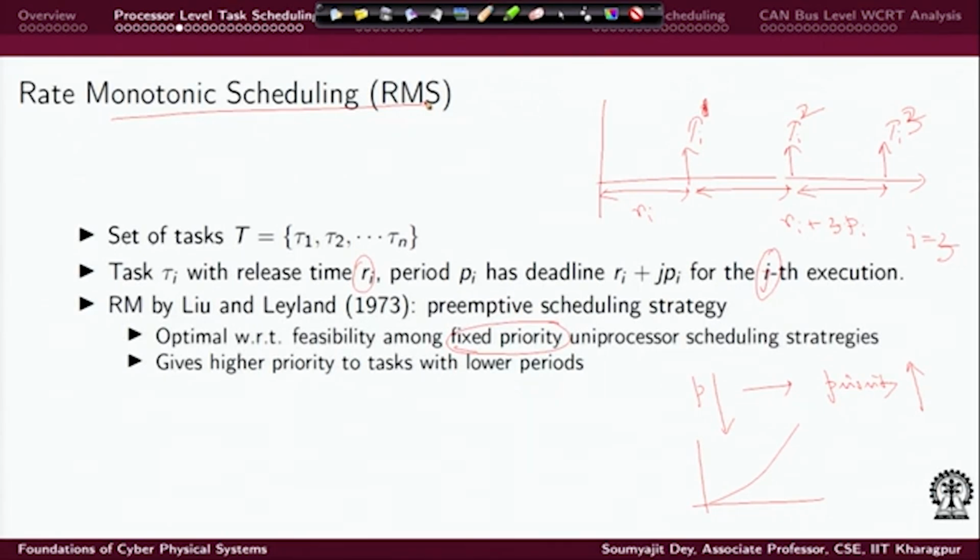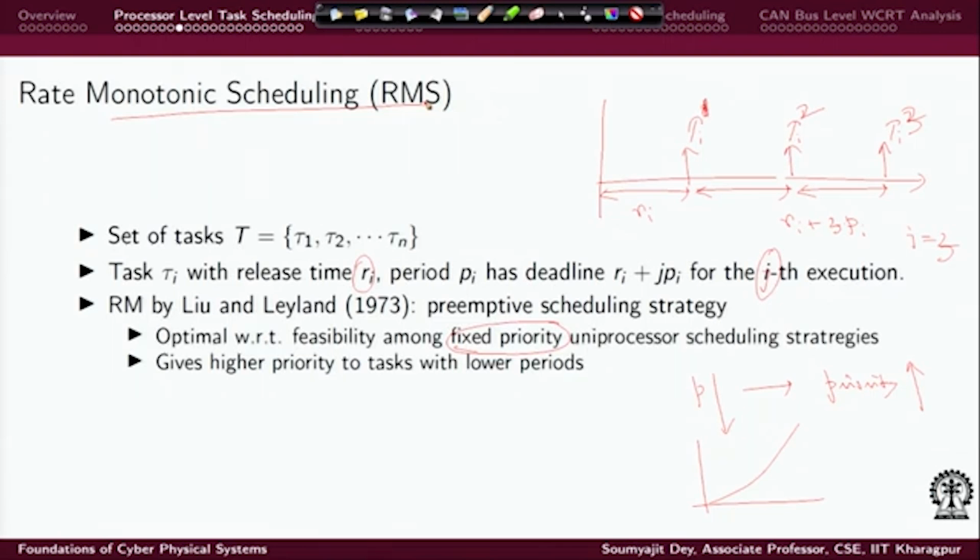Smaller the period, the higher the priority. So, the higher the rate, the higher the priority. If you have a fixed task set with no change in periods, the priorities are never changing. As long as you have a fixed set of tasks and their fixed attributes, the priorities are fixed. So, it is a fixed priority algorithm.